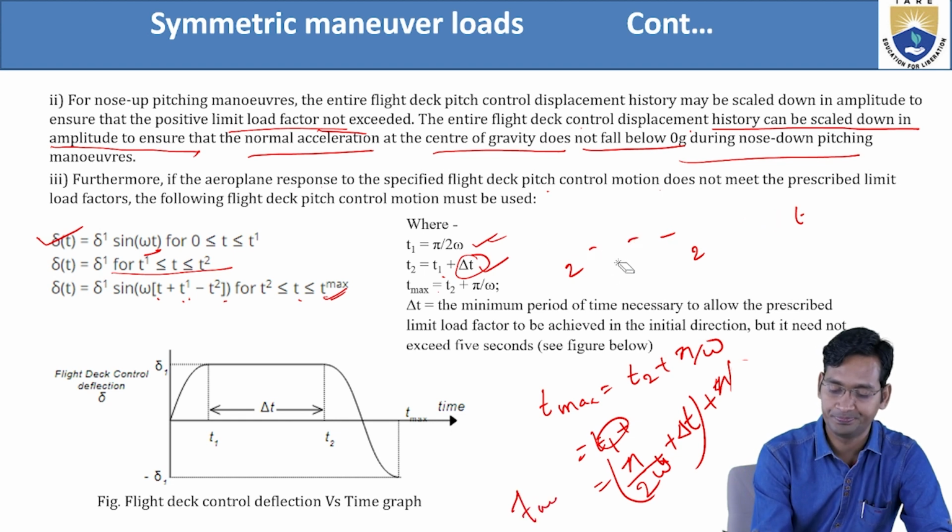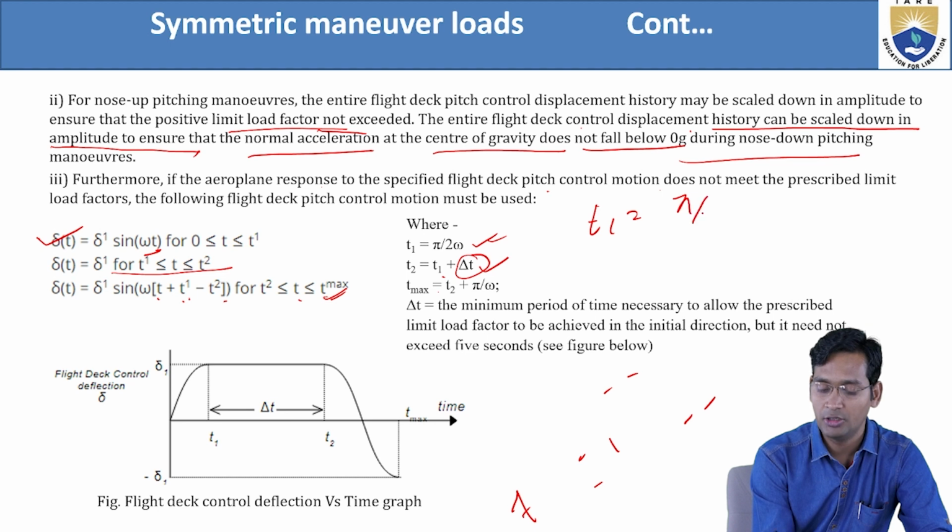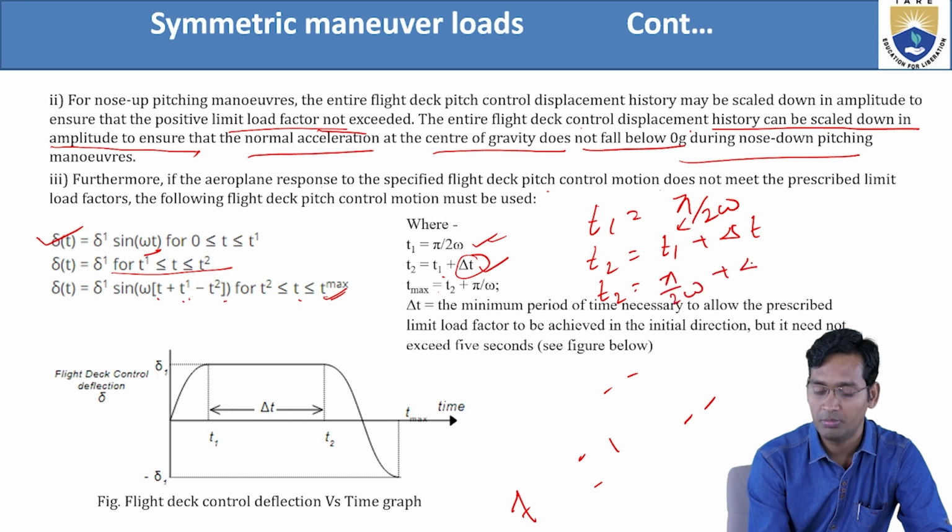See once again. What is t1? T1 is pi by 2 omega. T2 is t1 plus delta t. Hence t2, just putting this t1 value, is pi by 2 omega plus delta t.